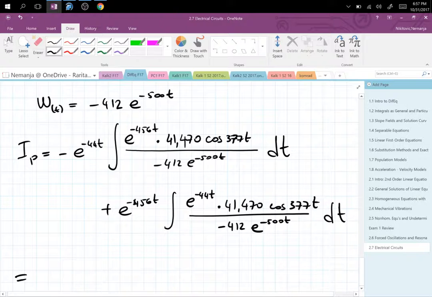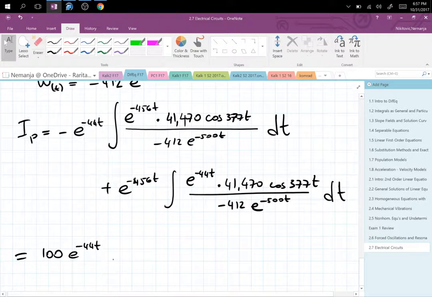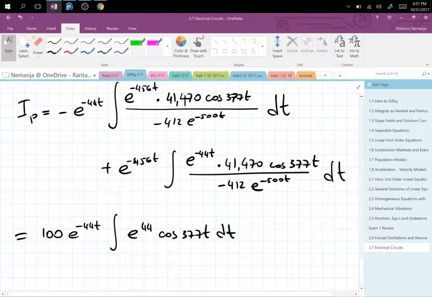So it's about 100 e to the negative 44t integral. All the constants are out. Now these guys subtract, you get e to the positive 44, so e to the positive 44 times the cosine of 377t dt. That looks more civilized, right?